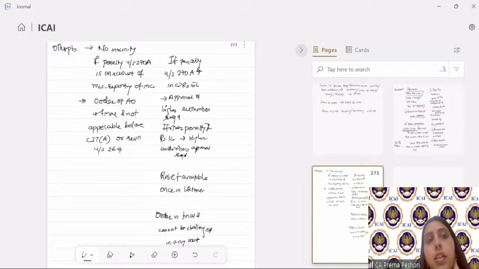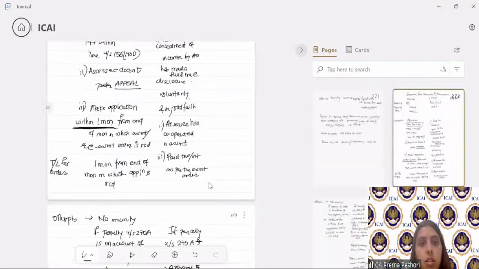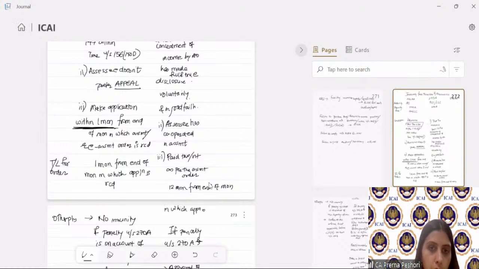Namita, the time limit here is 12 months. The time limit for the order is 12 months from the end of the month in which the application is received for 273A.